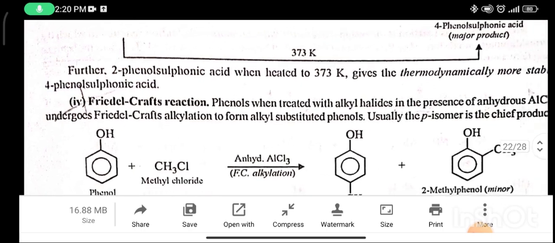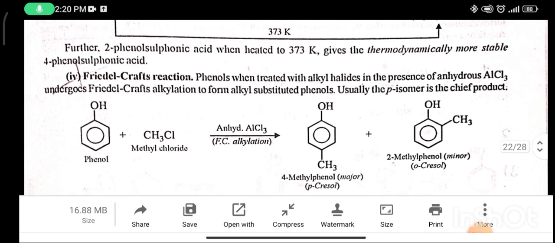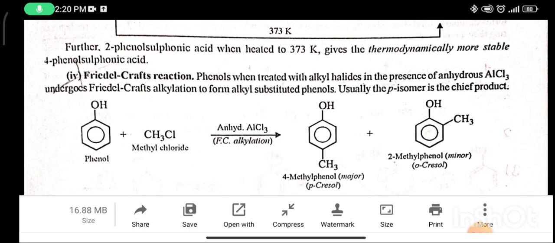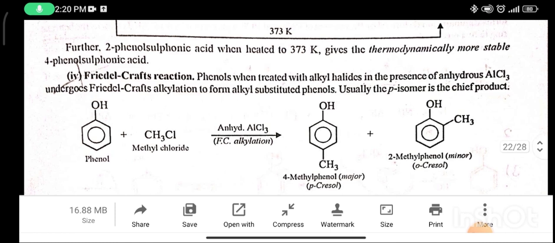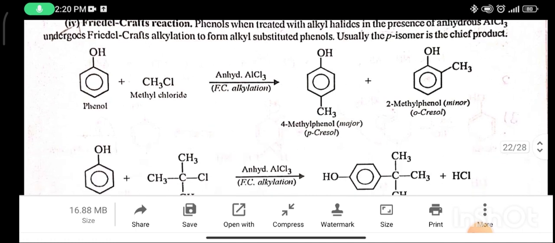Friedel-Crafts reaction. Phenols, when treated with alkyl halide in the presence of anhydrous AlCl3, undergo Friedel-Crafts alkylation to form alkyl substituted phenol. Usually, the para isomer is the chief product. Phenol reacts with methyl chloride in the presence of anhydrous AlCl3. It gives 4-methylphenol as major and 2-methylphenol as minor.